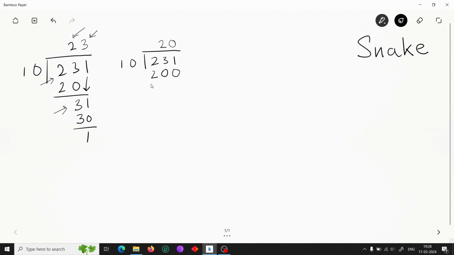After all, 10 times 20 is 200, and this leaves a remainder of 31. Then separately we divide 31 by 10, and that would give us 30 and finally leave a remainder of 1. But since 1 is less than 10, we cannot continue the division further. So to understand this, let's write this down algebraically.